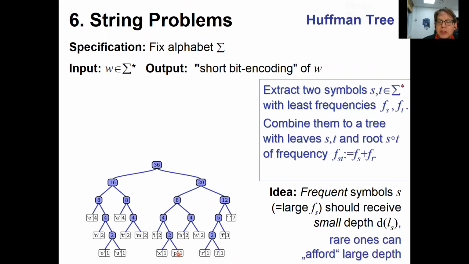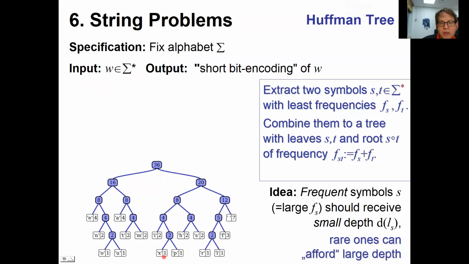And instead we insert another artificial symbol that is the concatenation, or the set of these two symbols, a set with two elements, and assign to that set the frequency which is the sum of the original frequencies.